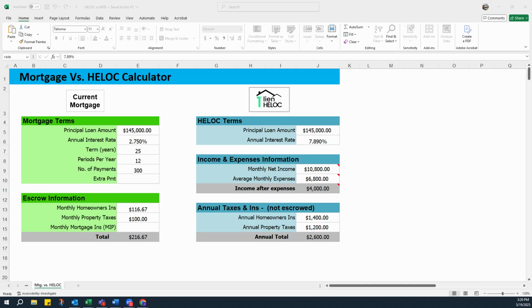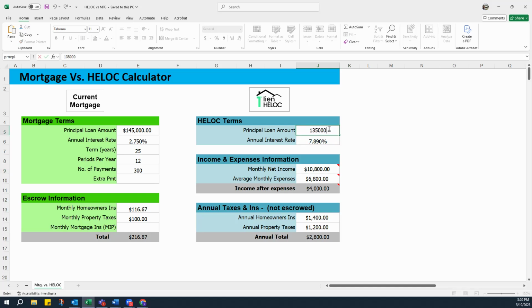So first off, we're going to start to look at, well, what are our dollars coming in? What are dollars going out? As part of the strategy of the first lien HELOC, we're going to open up a checking account that has the income, in this case, $10,800, come into the checking account. When it does, it's going to sweep over, automatically reduce the balance.